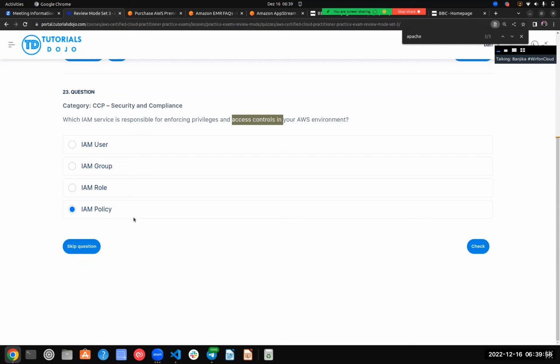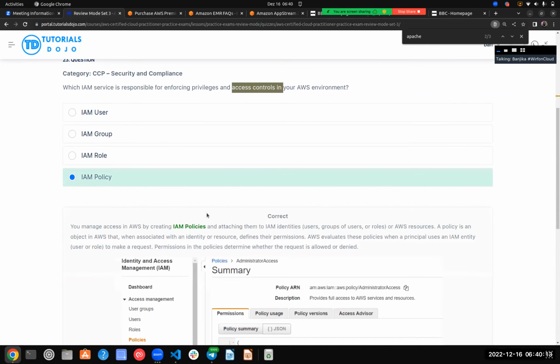What kind of language is it written in? JSON. Yes. So when describing, always pick the names that are common. An IAM policy is a document in JSON format that has permissions, and permissions are access control.